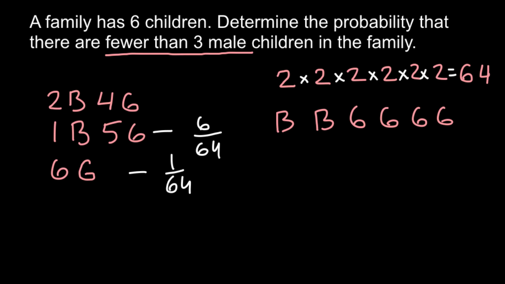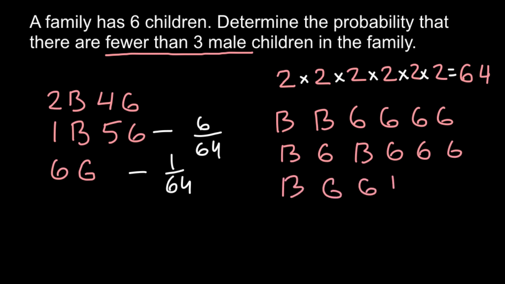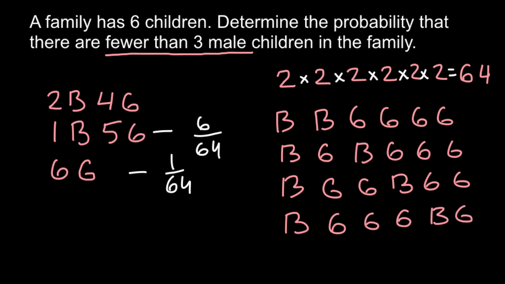So let's do it. This is going to be our first combination. The second combination would be a boy, a girl, a boy, a girl, and a girl. Then a boy, a girl, a girl, a boy, a girl, and a girl, a boy, a girl, a girl, a girl, a boy, and a girl.